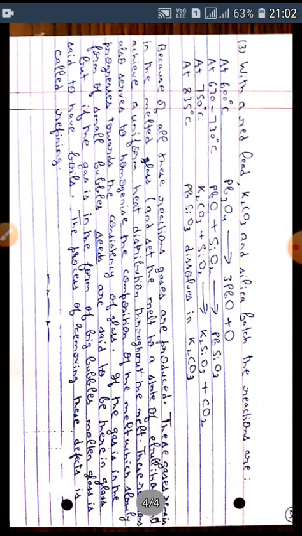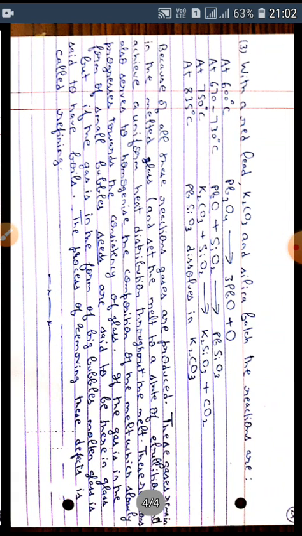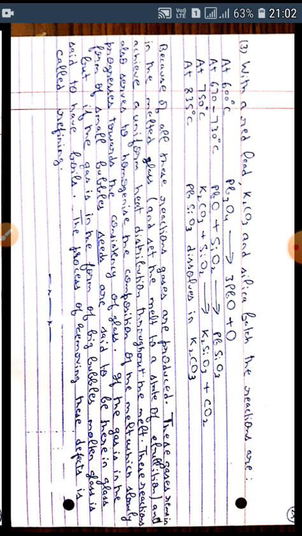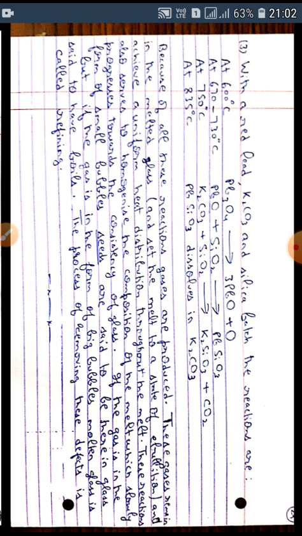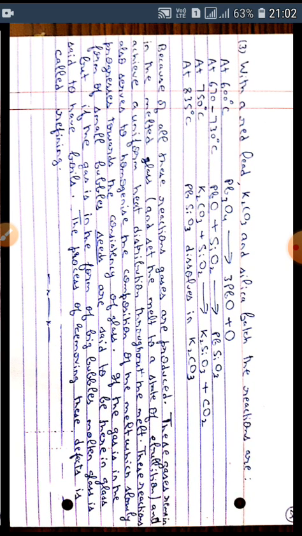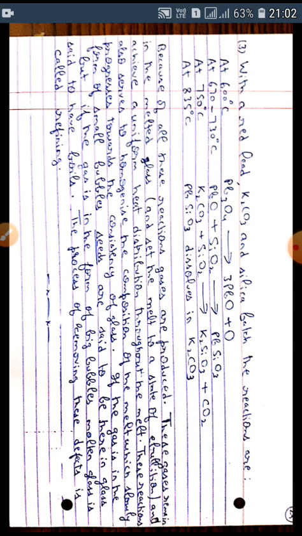Another example is if we have a batch material of red lead, potassium carbonate and silica. The reaction will occur as follows. First of all, at 600 degrees centigrade, lead oxide Pb3O4 will decompose into PbO and oxygen will be given out. Then at a temperature range of 670 degrees centigrade to 730 degrees centigrade, this lead oxide PbO will react with silica to form lead silicate PbSiO3.